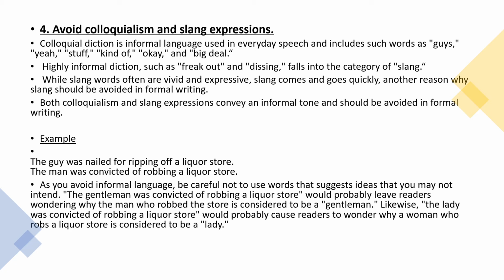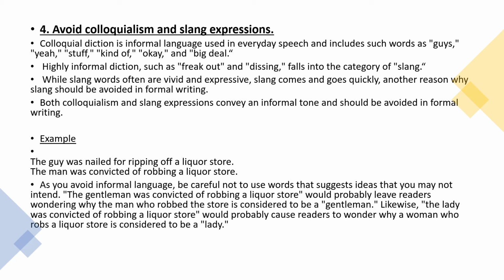While slang words often are vivid and expressive, slang comes and goes quickly. That is another reason why slang should be avoided in formal writing. Both of them should be avoided in formal writing because they convey an informal tone.